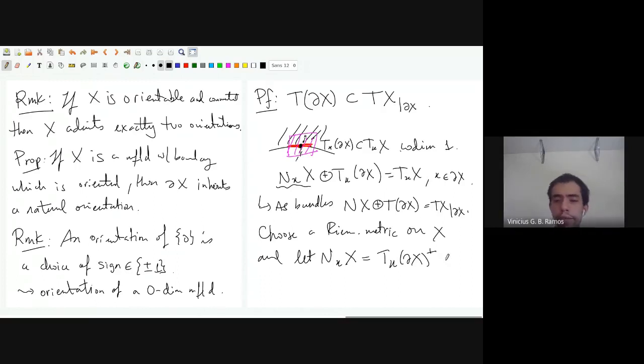And now you can choose, I'm going to let n_x be a vector in N_x such that its norm is 1 and it points outwards. It points like this. What does that mean?